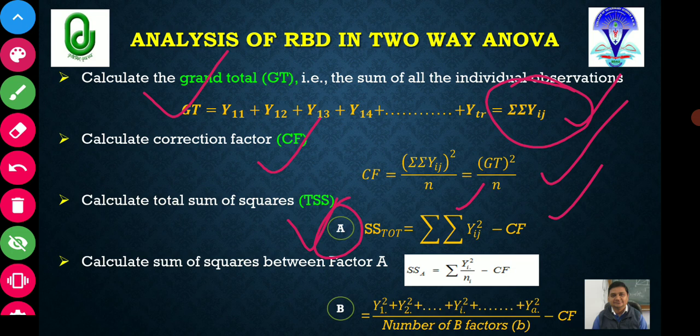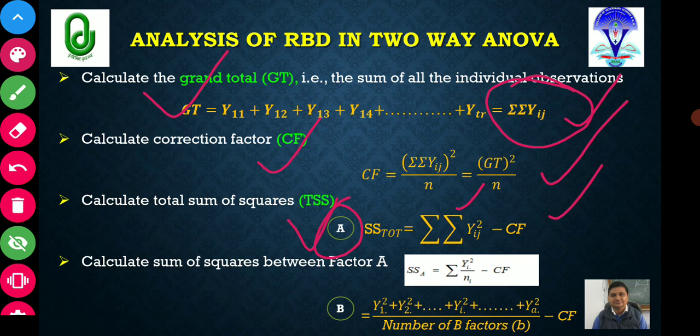Now calculate the sum of squares between factor A. Suppose factor A is breed. So what you have to do is take the breed-wise summation. Suppose breed 1: you take the sum of breed 1, square it, and divide by the total number of observations, plus breed 2: sum of breed 2, square it, divided by the total number of observations.